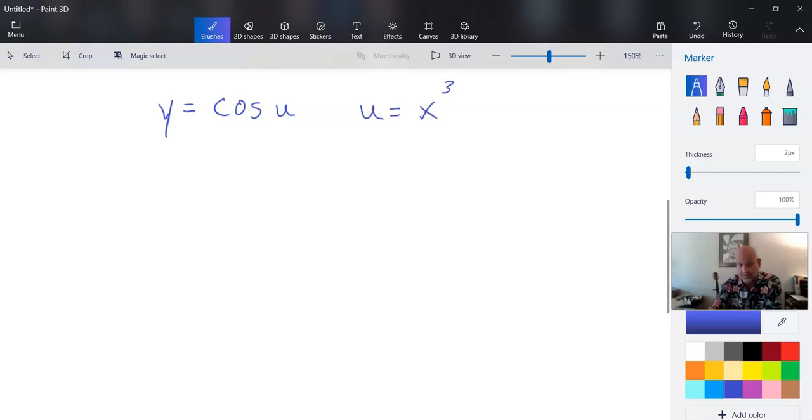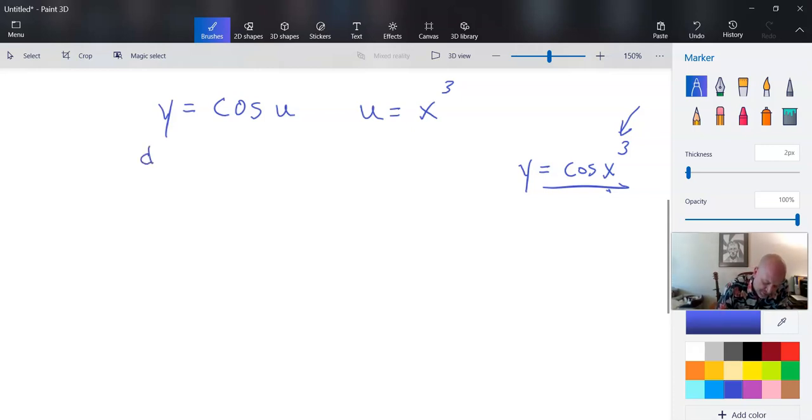Now notice what's happening here is that since u is x cubed, I could rewrite this whole thing as y equals cosine x cubed. And later on, this is actually what we're going to be starting with, and you have to be able to see the x cubed as the u function, as the inside function. Okay, but for right now, we're starting with these separate.